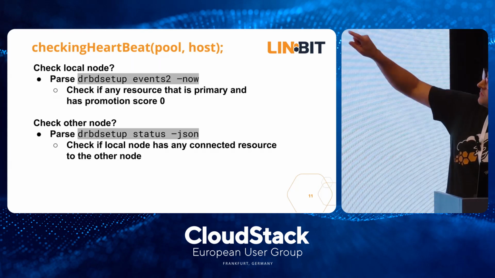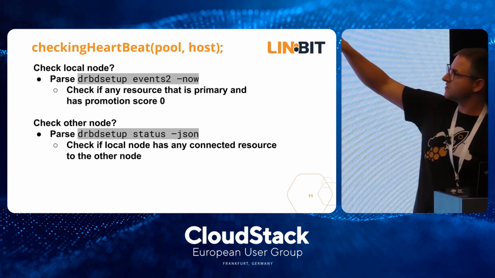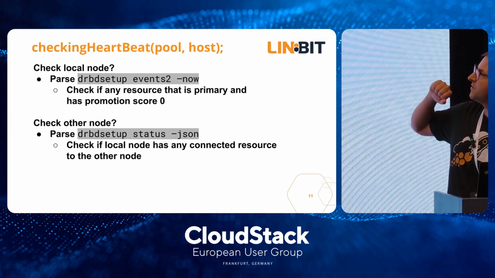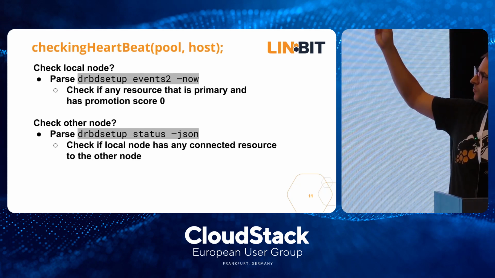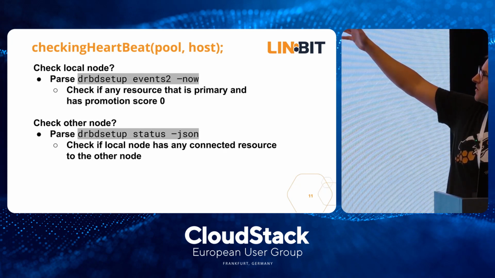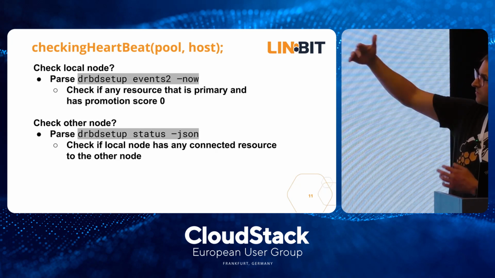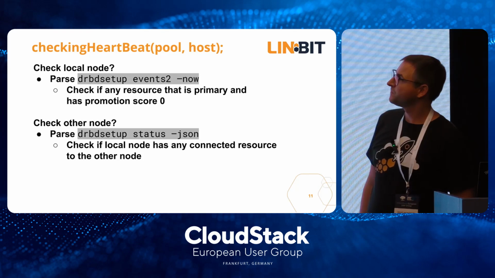And yeah, this is the function that's actually called on the agents. It's called check heartbeat, which gets a KVM pool in our case, and the host to check for. But this host can also be yourself or the name of the other node.